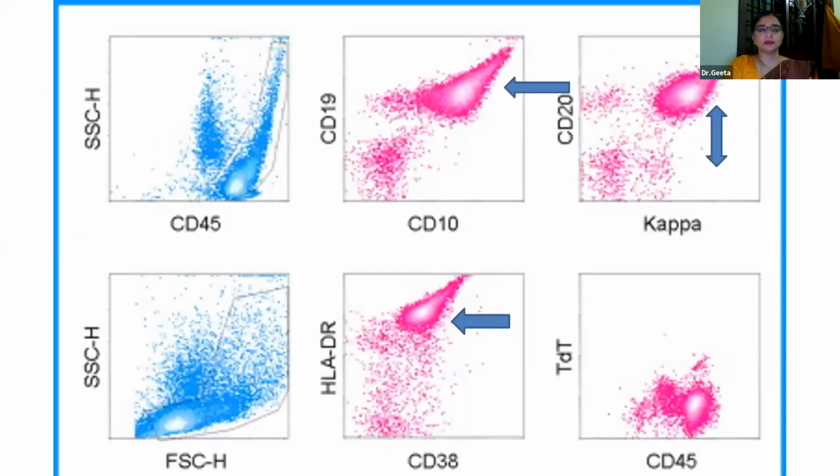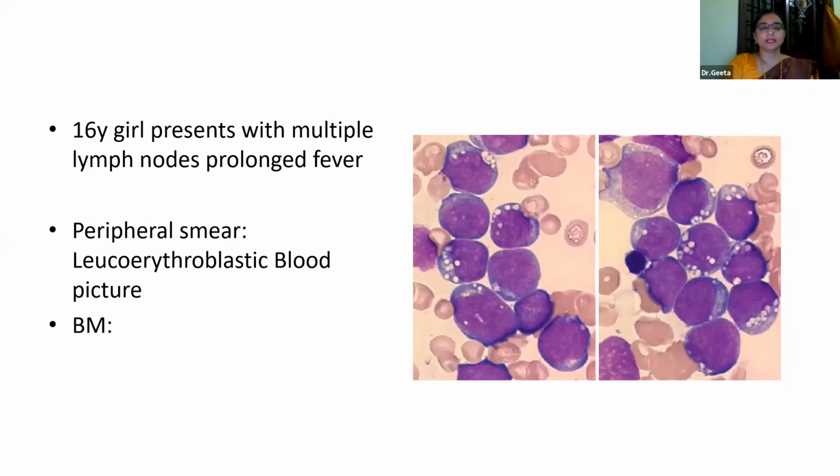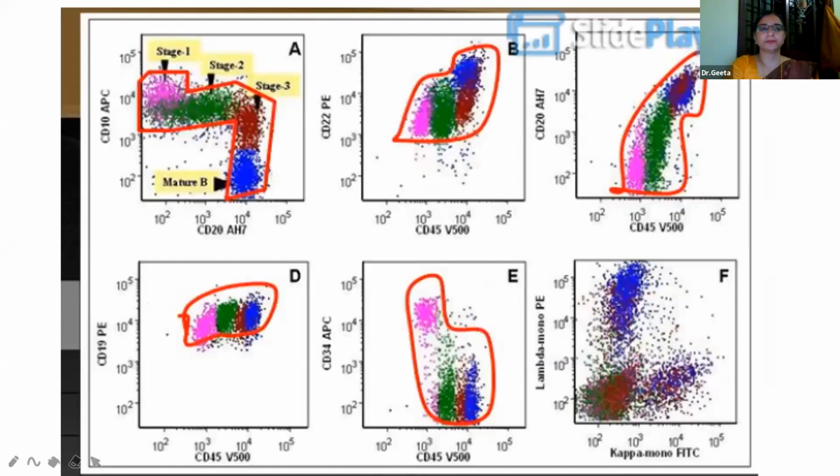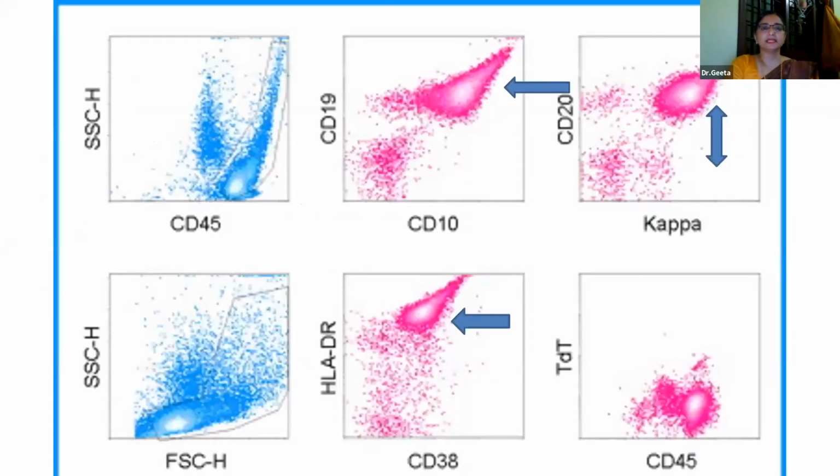These atypical cells have got cytoplasmic vacuoles, and the flow plots show a very bright CD10 and CD38 positivity, which is also accompanied by a good CD20 positivity, which is unusual in ALLs. So we went on to do clonality, so clonal population, indicating that these all were Burkitt lymphoma cells.